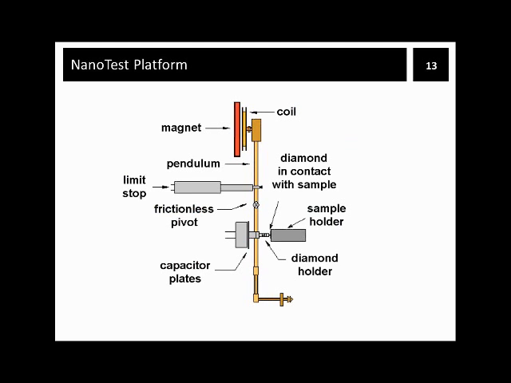The NanoTest Platform operates on a well-established pendulum design controlled by the coil and the electromagnet in the top part of the pendulum. And for nano-wear and nano-fretting experiments, a special module is attached in front of the indenter, responsible for inducing the reciprocating movement of the sample.